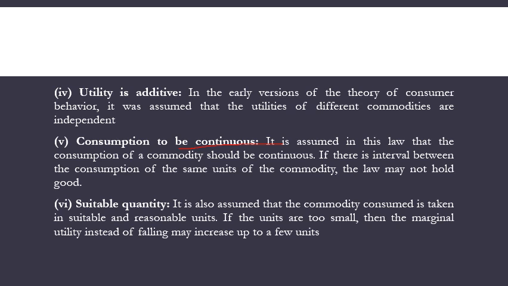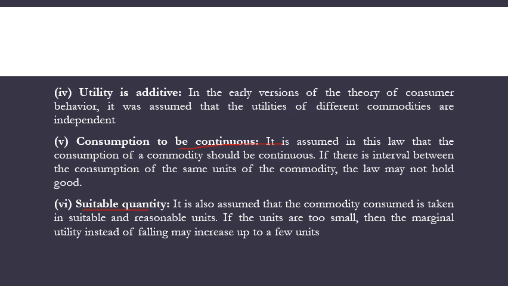The next, fourth, suitable or reasonable quantity. It also assumes that the commodity consumed is taken in suitable and reasonable units. If the units are too small, then the marginal utility, instead of falling, may increase up to a few units. Just think about our previous laddu example.